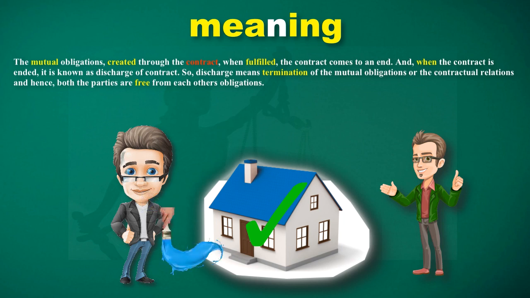So there are mutual obligations, or the contractual relations, and hence both the parties are free from each other's obligations. Once he did his part and you paid the money, both of you are free now. There are no such obligations, isn't it? So the contract is discharged. I believe you understood this concept very clearly now.